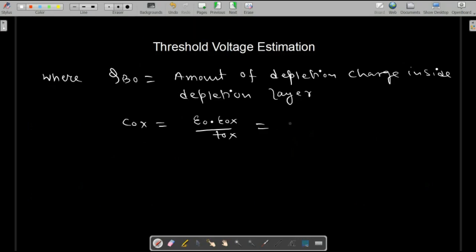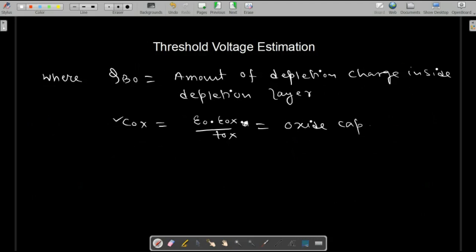That is the oxide capacitance. You can check the equation C equal to epsilon A by D. It is basically the capacitance of a parallel plate capacitor with unit area, epsilon into A by T, where A equal to 1.